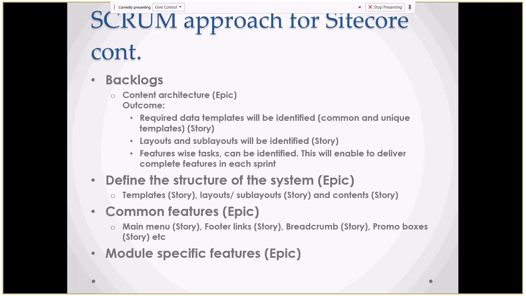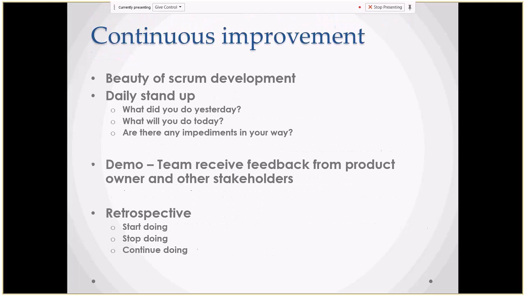Define the structure of the system: templates, layouts, stories. Individually, we can make them stories. Identify the common features, like the main menu, put the links if you decide, breadcrumb likewise, and identify the module-specific features. This is actually the beauty of Scrum development.